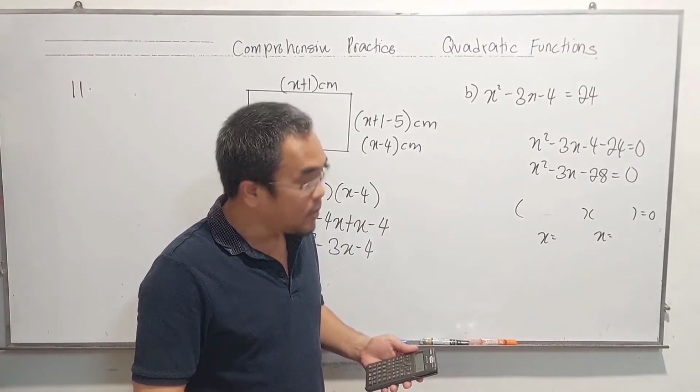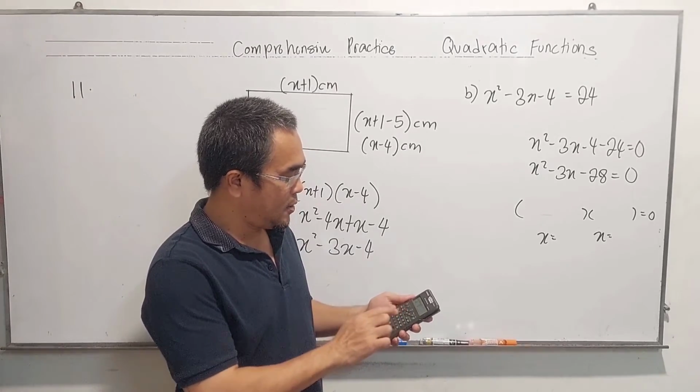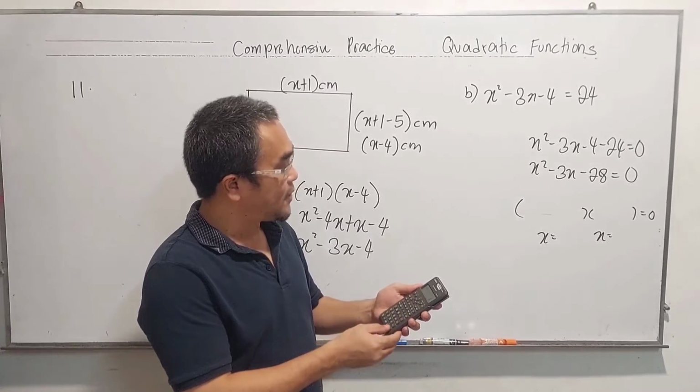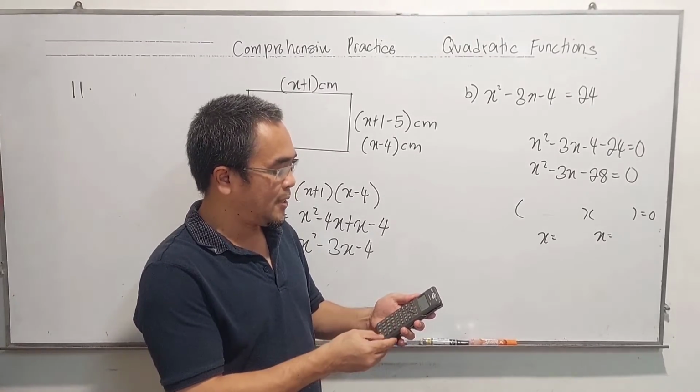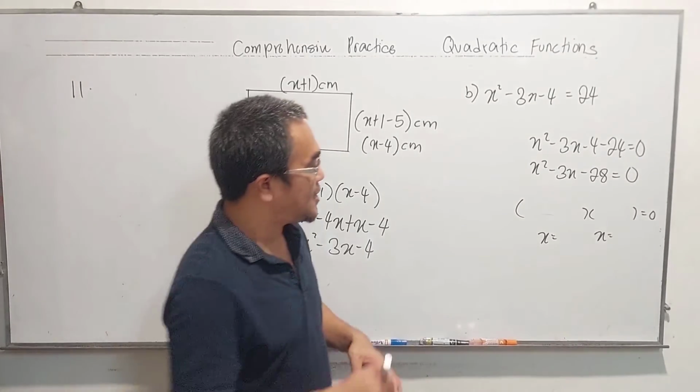Okay, so in this case, go to the quadratic function. So a is 1, b is negative 3, and c is negative 28. So the first value of x is 7, the other is negative 4.